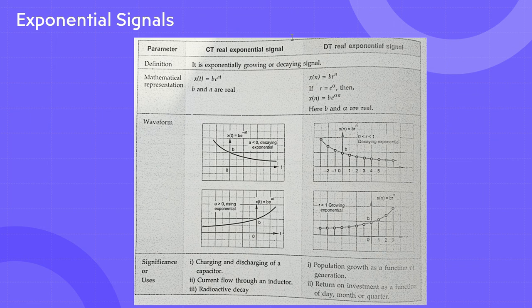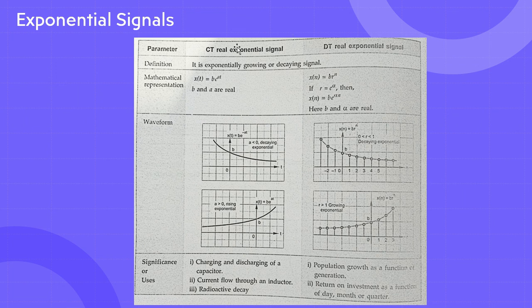And right now I'm not sure if you all are that familiar with complex numbers, so I'm not including them right now. But if you want me to, please mention it in the comment section below. I will make a separate video on it if you want. But for now, let's focus on the continuous time real exponential signal.